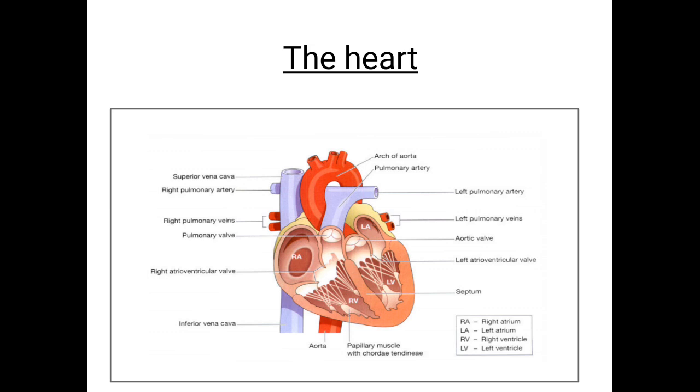Okay, we have got the papillary muscle. Okay, we have got the septum. We have got the left ventricular valve. We have got the aortic valve. We have got the left pulmonary veins. We have got the left pulmonary artery. We have got the pulmonary artery, and we have got the arch of the aorta. So these are parts of the heart.